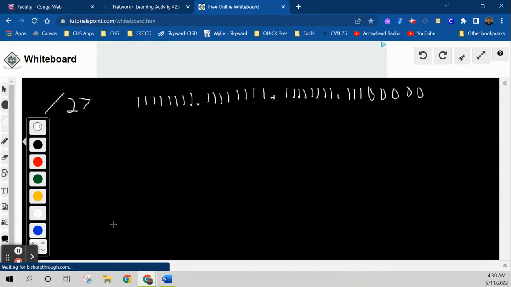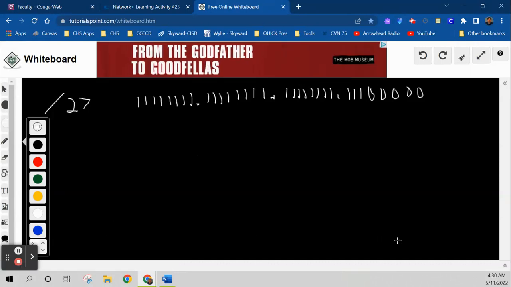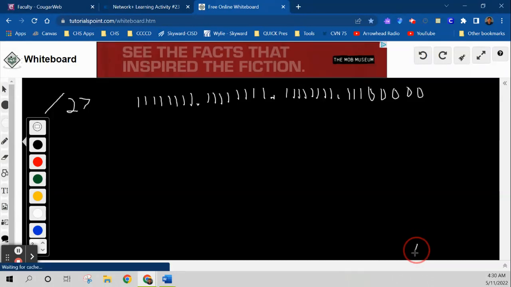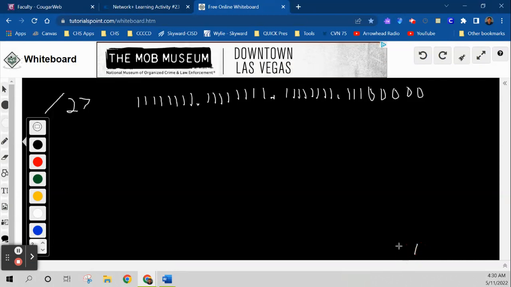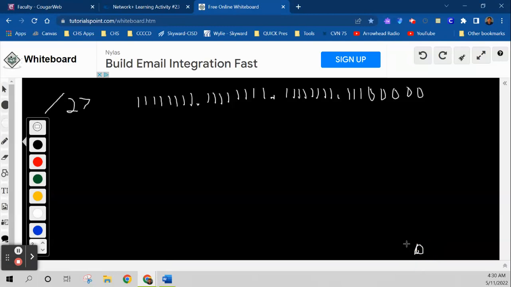Now, one of the things you have to keep in mind is always keep this chart in mind that we have when we convert the binary and the decimal. Remember, it always starts with one, then it goes to two, then to four. Remember, there are 8 bits in an octet.